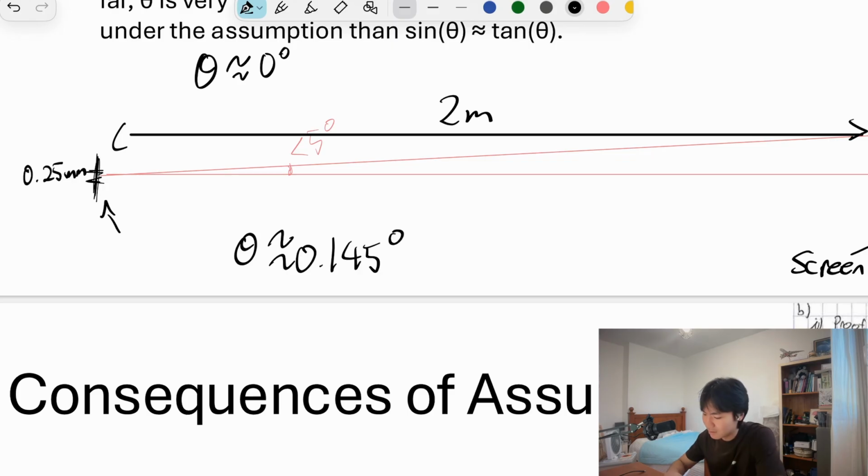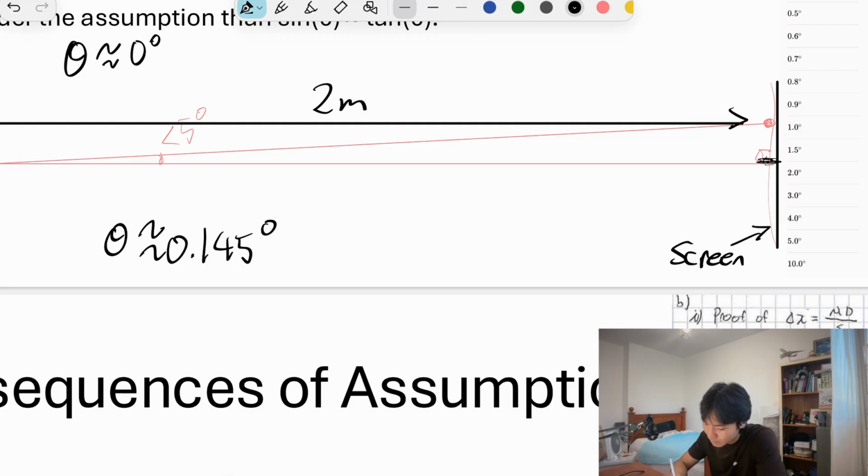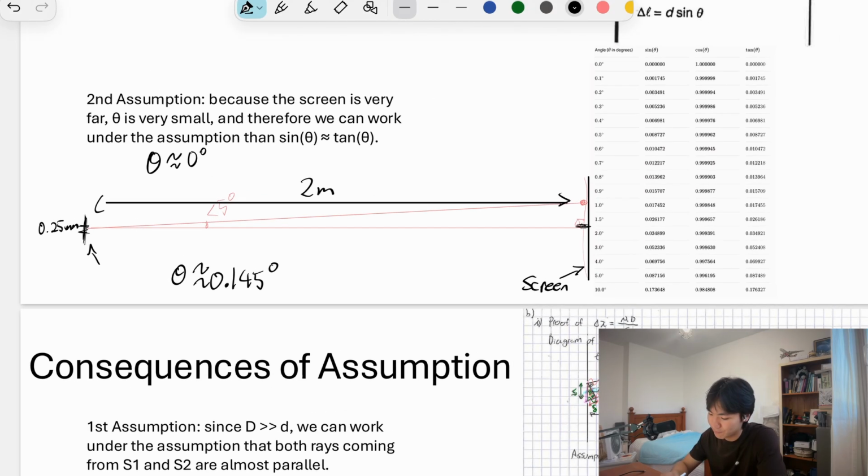In the grand scheme of things, this is a very, very small angle. Even 1 degree is very small, and imagine 0.145 degrees.